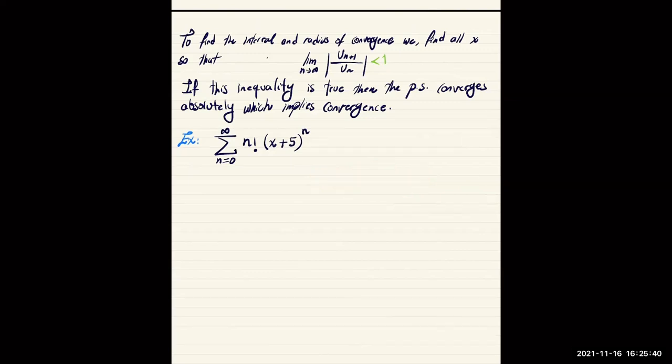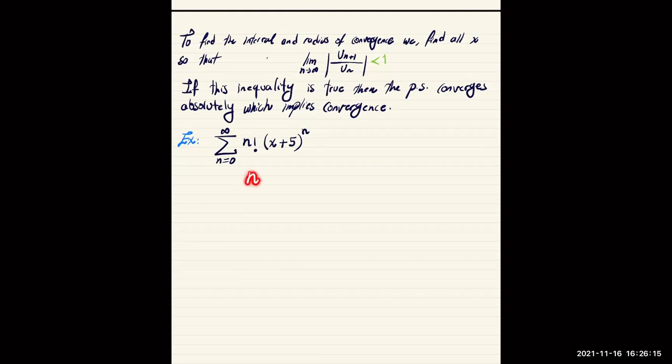So no matter what you plug in here, this n factorial is just going to overcome it, okay? Meaning that as this gets small, you can choose a value for x so that when n grows, this gets small. Like imagine you choose negative 4.9 for x.